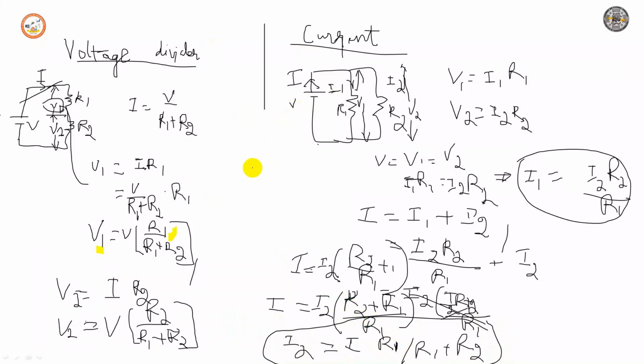Similarly you can write for I1: I1 is equal to I into R2 divided by R1 plus R2. So the numerator suffix changes to R2 instead of 1. These are the two equations you need to know. Directly we can substitute them while analyzing the DC circuit.